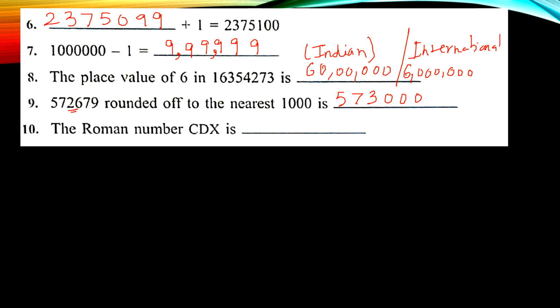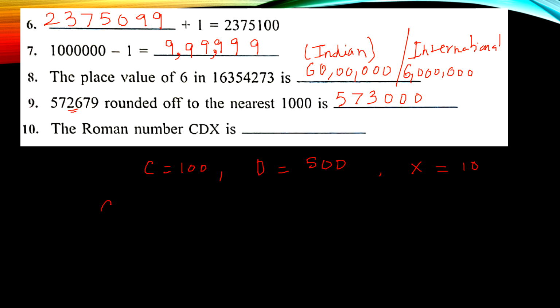Now question number 10 is the Roman number CDX. If you remember, here also I told you how to get this number. Now what is C? C is 100. What is D? It's 500. And X is nothing but 10. As per the Roman rules, if a smaller number is to the left of a bigger number, you have to subtract.